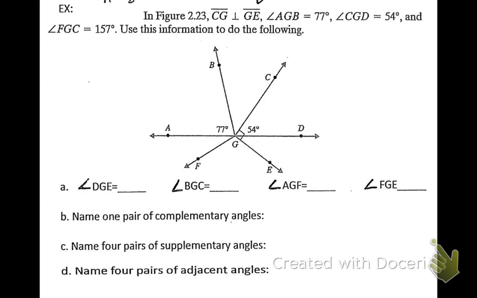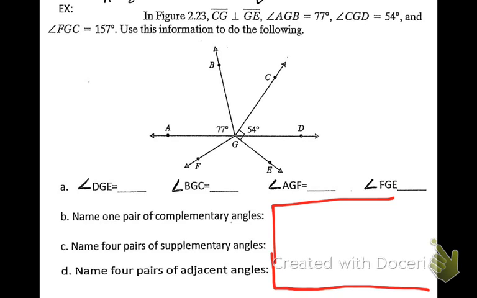We'll do the 4 pairs of adjacent angles first, because that's what's in your notes first. You could use the same 4 we just used for supplementary. Those are all adjacent.